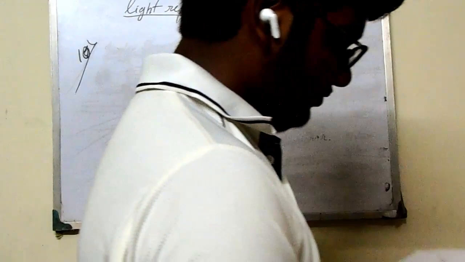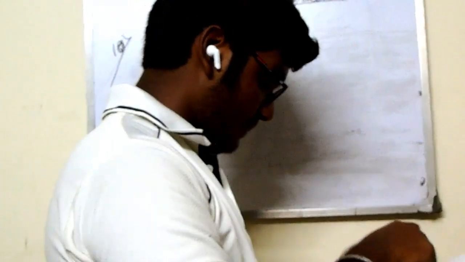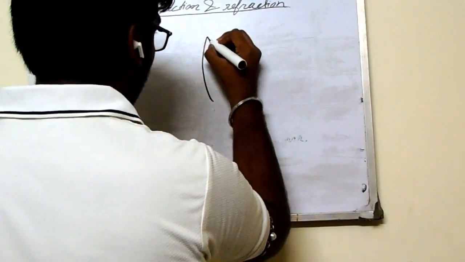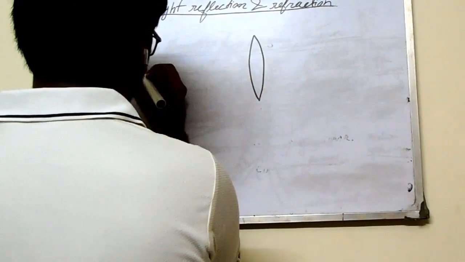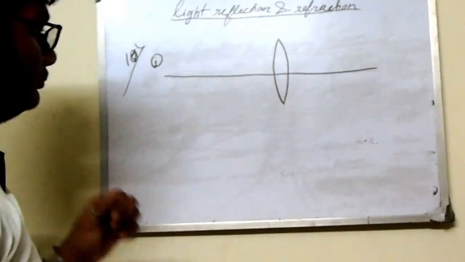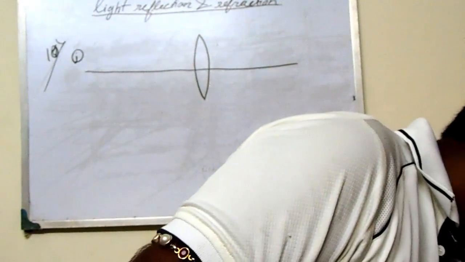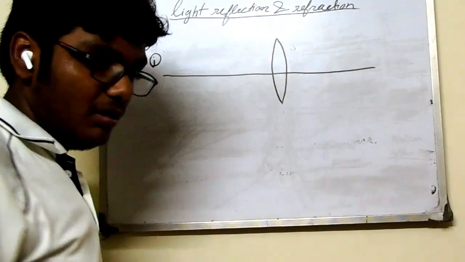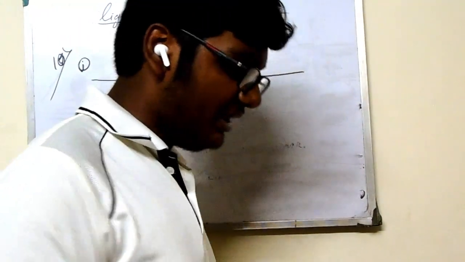Now in the case of convex lens, suppose a beam of light is coming.